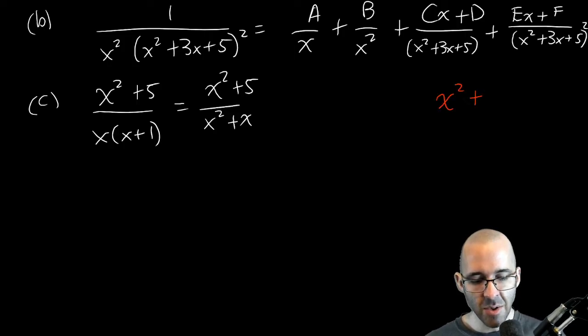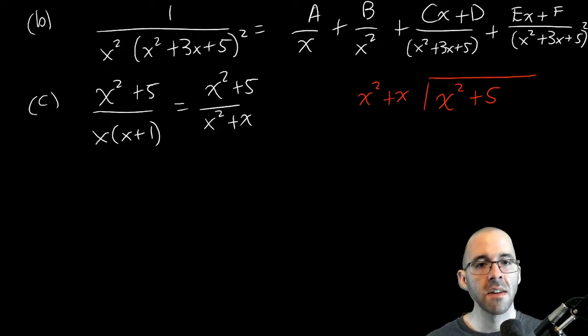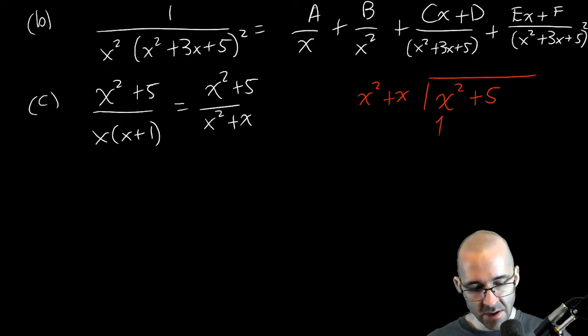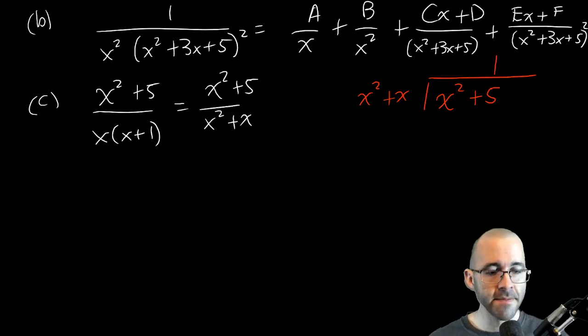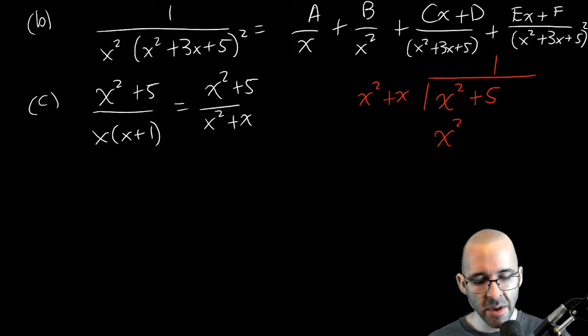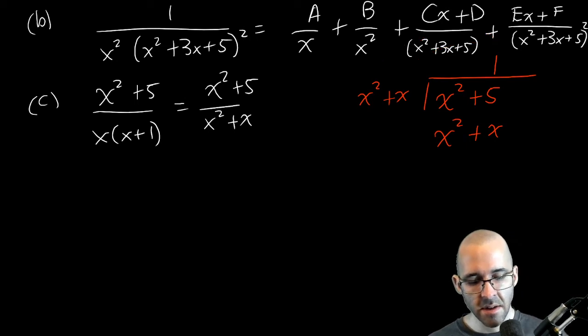What happens when I have x squared plus 5 and I'm dividing it by x squared plus x? Well, what do I need to multiply this by to get something that cancels with the x squared? Just 1. That'll leave us with x squared plus x when we multiply it out. And we subtract. The x squareds will cancel.